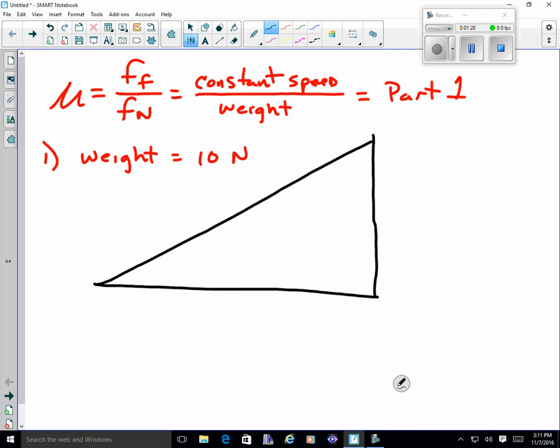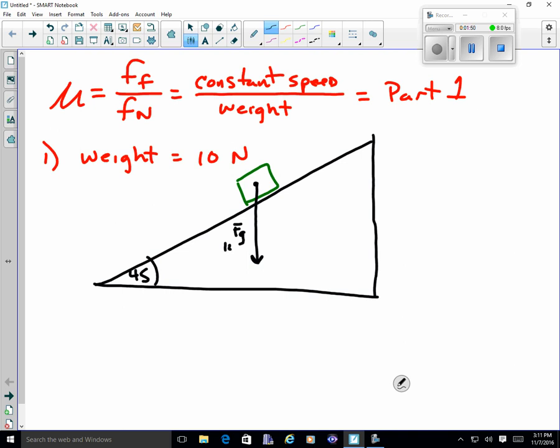This is a 45-degree angle right here, and your block sits somewhere on the ramp like this. This is your block. And so that 10 newtons of force is actually acting straight down like this. So this is your force of gravity, which in this case was 10 newtons.